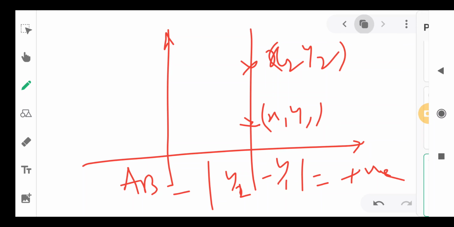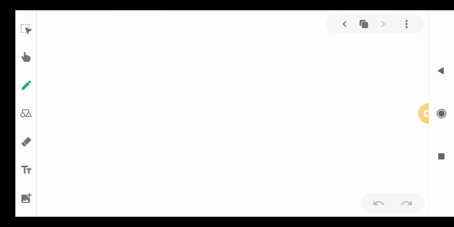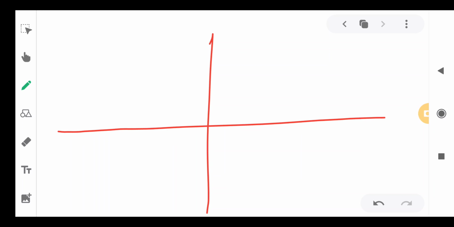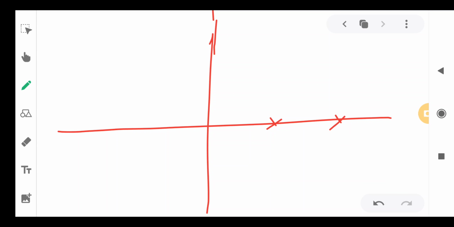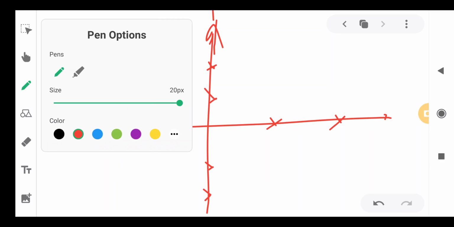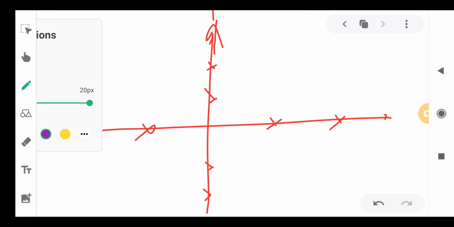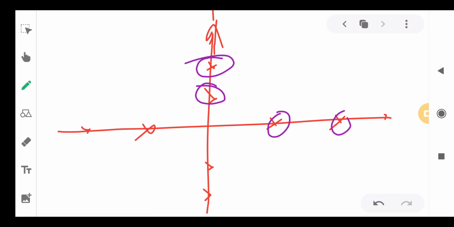Now again, any point on the x-axis or on the y-axis: the points on the x-axis will always be of the form x1 comma 0, y will not be there.